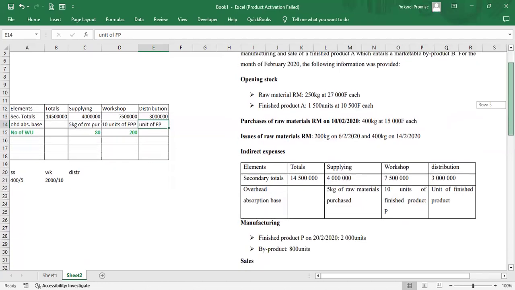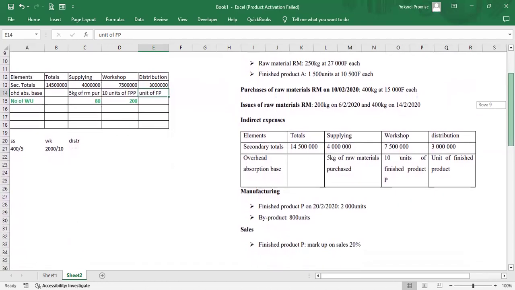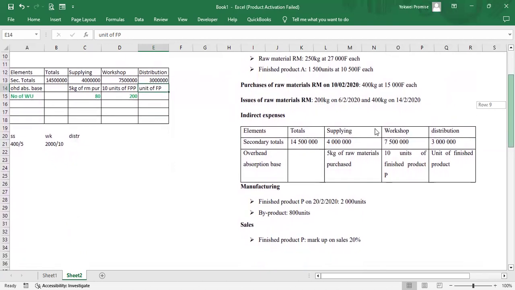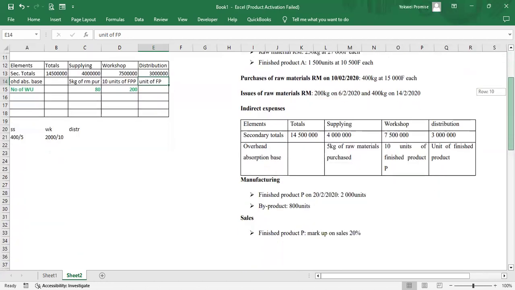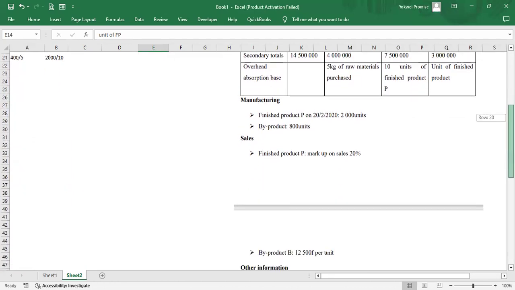Then going down, purchases, we have how many? Manufacturing of finished product P, we have 2,000 units. Be jotting them down.